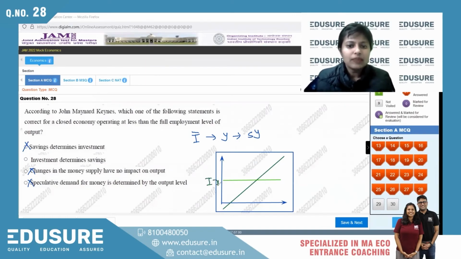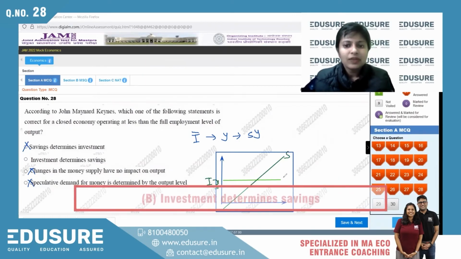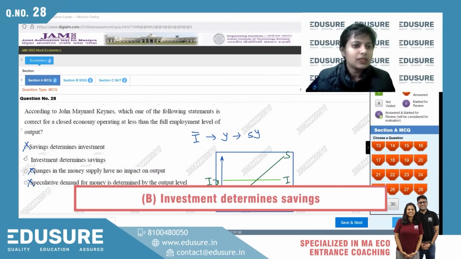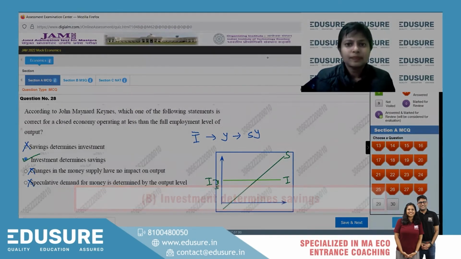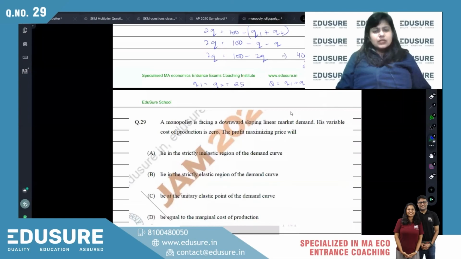So investment ended up determining savings, right? So investment determines savings and not the other way around, right? So the answer is B. Easy peasy, let's get it done with.